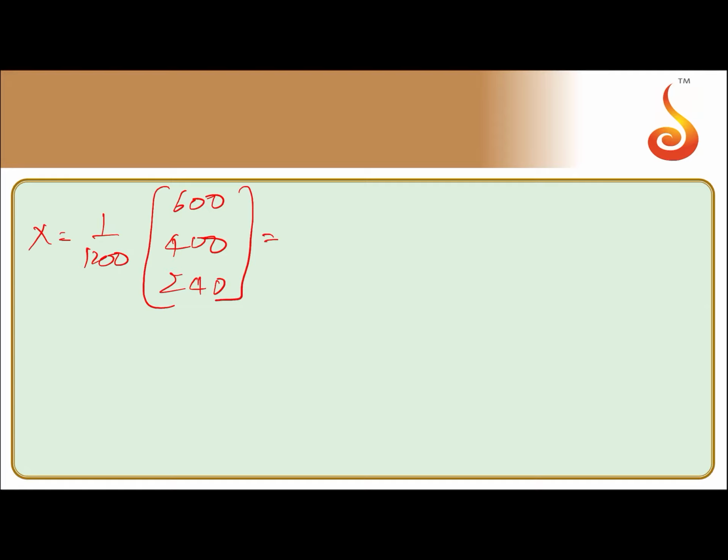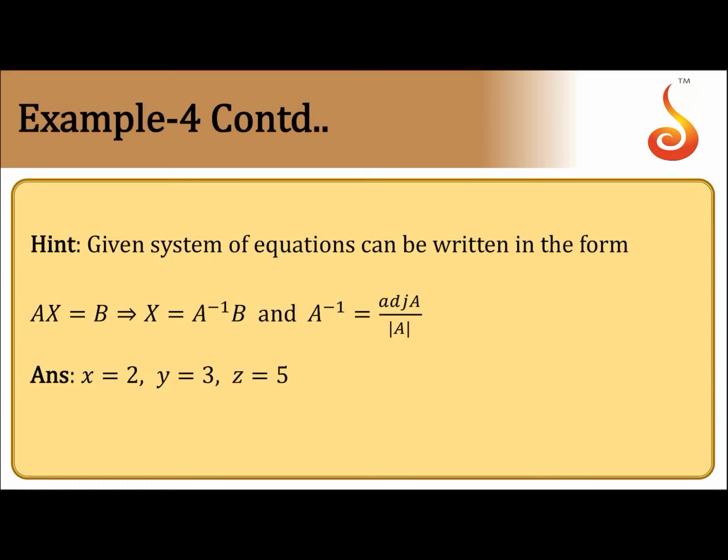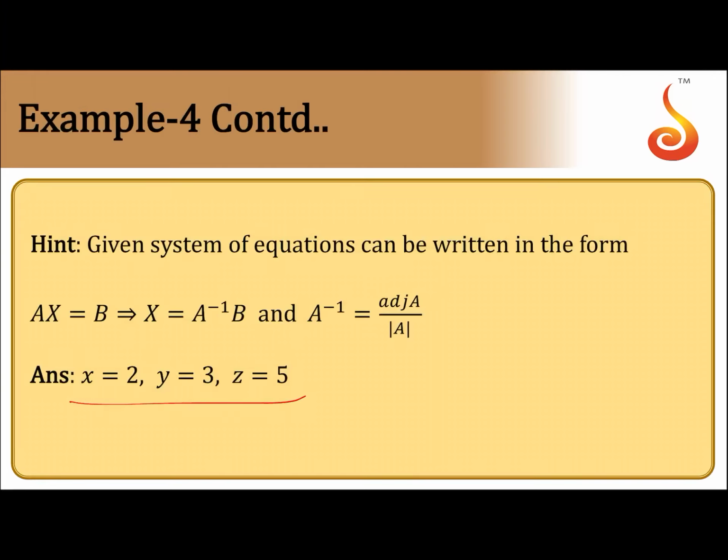So dividing by 1200, you will be getting 600 by 1200, 1 by 2. 400 by 1200 is 1 by 3. And this is 1 by 5. And of course, the X matrix is nothing but 1 by x, 1 by y, 1 by z. So clearly when you compare, x is equal to 2, y is equal to 3 and z is equal to 5 is the solution for the system. 2, 3, 5 is the solution for this system.